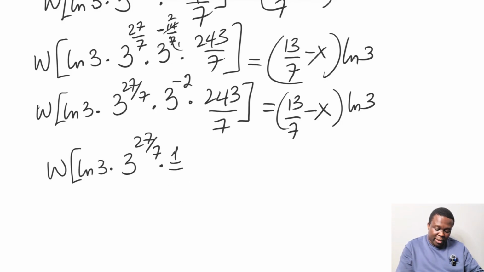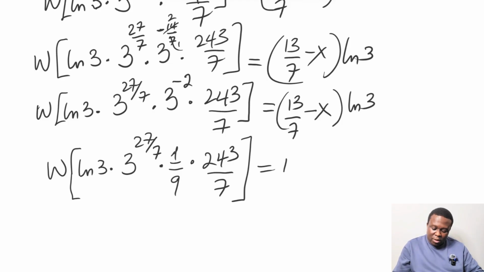So we have 1 over 9, 243 divided by 7. And this is equal to 13 over 7 minus x, ln of 3.